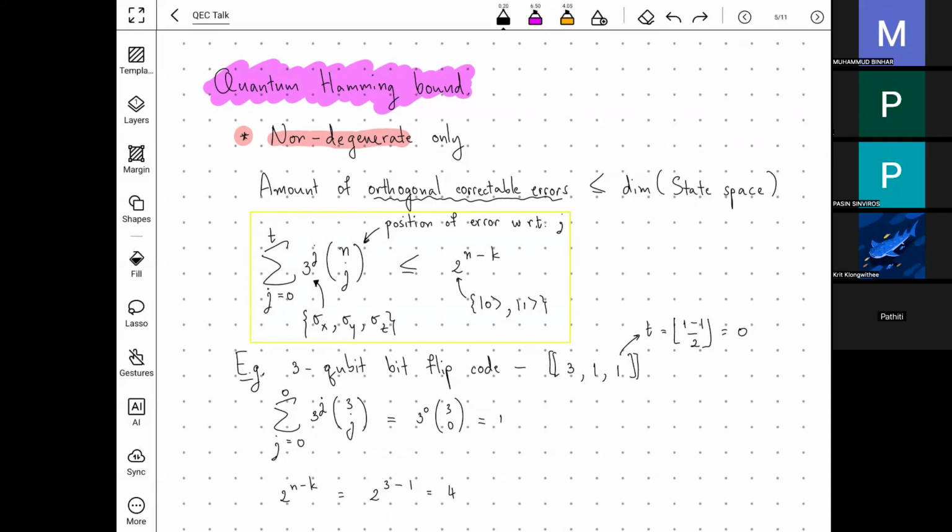So we can go on and count the amount of orthogonal correctable errors. Here's the quantum Hamming bound, in this yellow box right here. It's the sum. We're basically counting over all the allowed positions for the error.